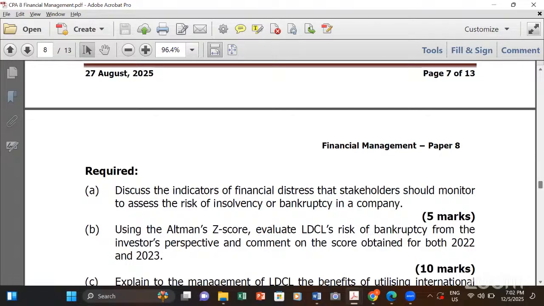So here they asked you, discuss the indicators of financial distress that stakeholders should monitor. What do you think are the indicators? Yes, failure to meet your short-term obligations. You are having litigations all the time. You are here and there are notices to sue. Those are indicators. You no longer produce at your capacity.